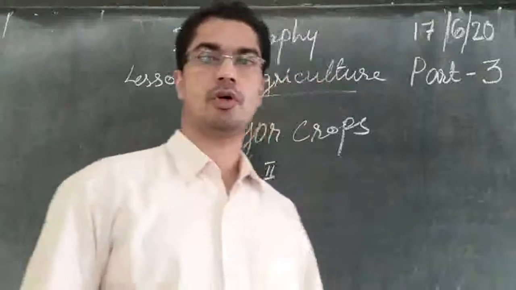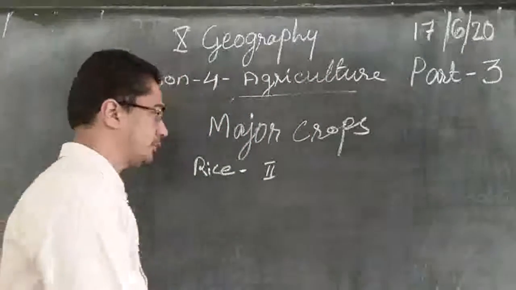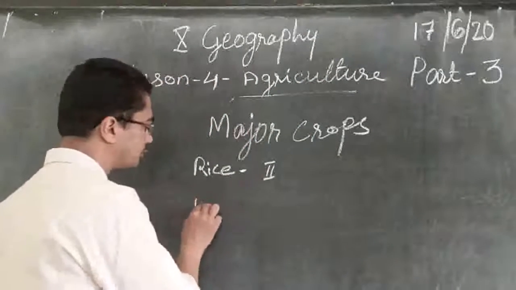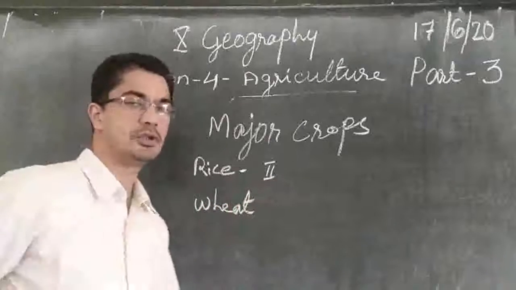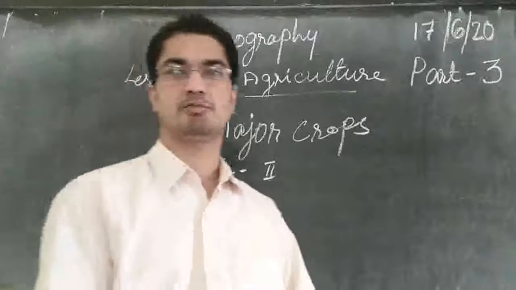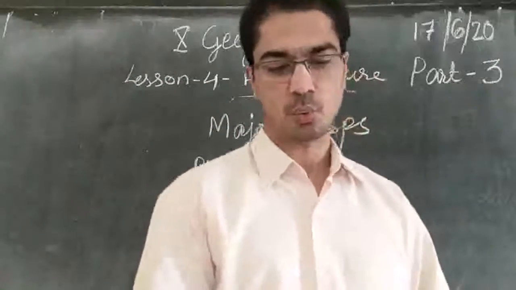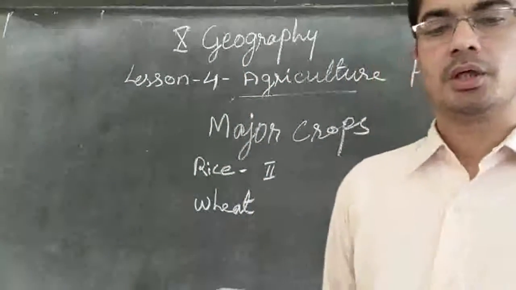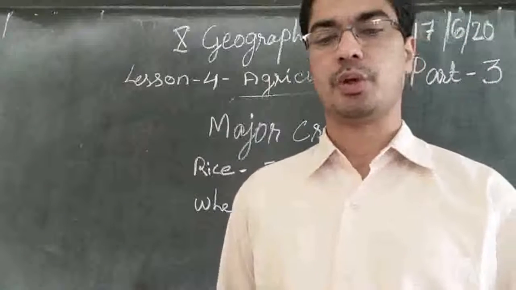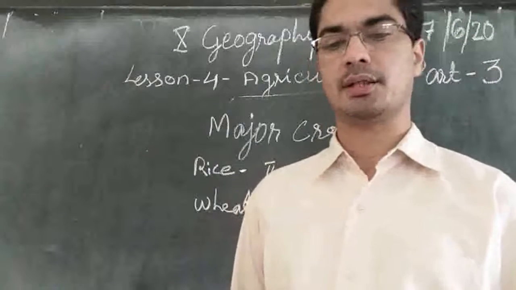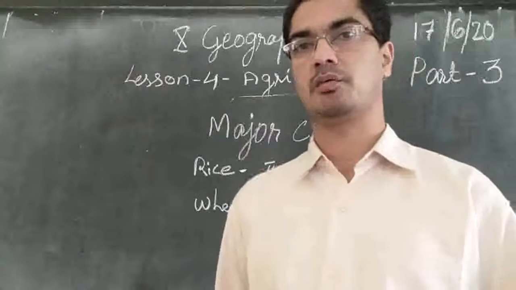And the second type of crop is wheat. Wheat is the second important crop in India. This is the second most important cereal crop. It is a main food crop in the north and northwestern part of the country.